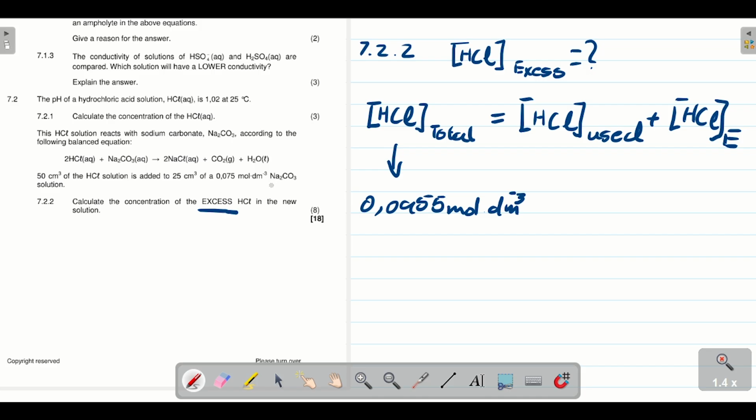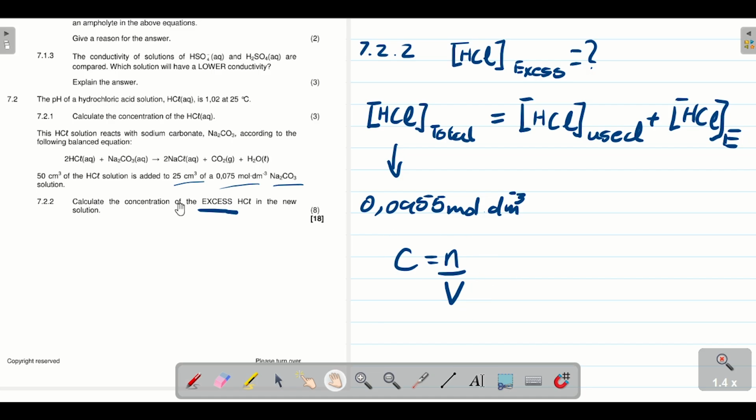Seems like we'll be using sodium carbonate. They gave us a volume and a concentration of the sodium carbonate. So if we go to the formula for concentration, we'll see that it equals number of moles over volume. They gave us concentration, they gave us volume, which means we can get the number of moles of sodium carbonate.